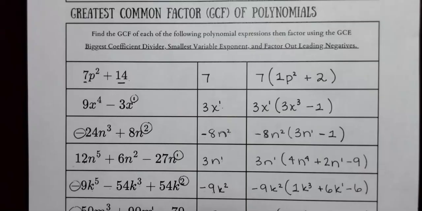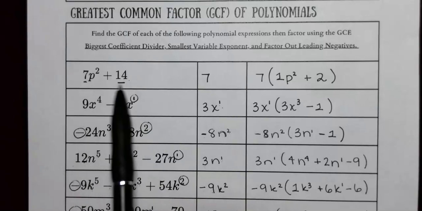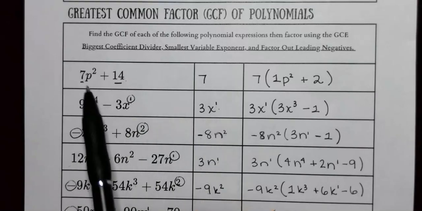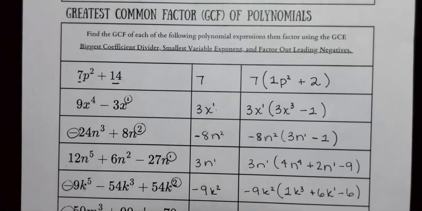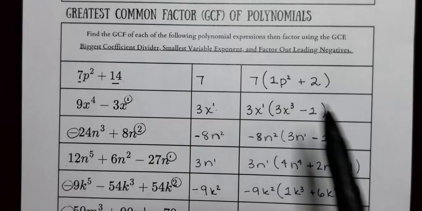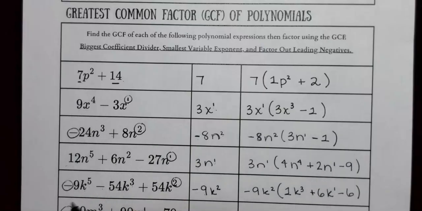When you're looking for the greatest common factor, you're looking for the biggest divider from your coefficients. If both terms have the same variable, then you want to find the smallest exponent. And if the leading coefficient is negative, then we need to also pull out and factor out a negative.